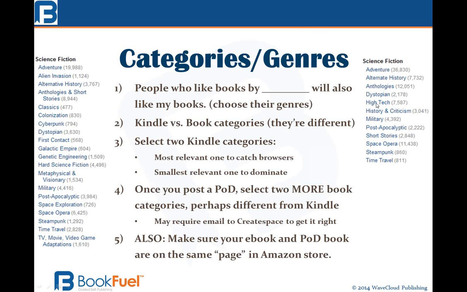Okay, that's a mouthful, but the point is that CreateSpace uses, I believe, the standard BISAC codes. We're getting kind of technical, but the point is you may have to send an email to CreateSpace, and you may have to tell them, for my print book that you are showing in the Amazon store, I need you to tag it with these 2 Amazon book genres, and give them the whole browse path all the way from the top down to the final subcategory that you want to be in.